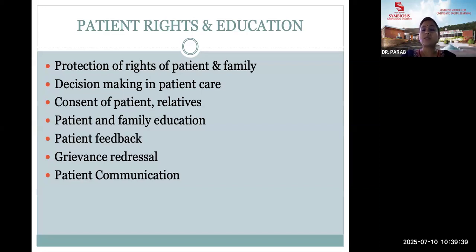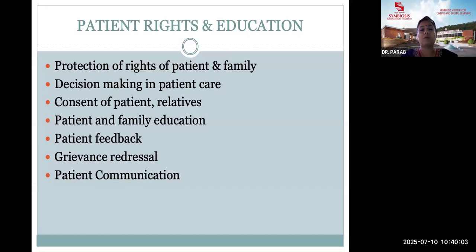Okay, so as I said way back, nobody was really bothered about whether patient is getting educated or not. But today we have educated patients. We have well-read patients who browse the net, come with a lot of information, and want more. So we should be in a position to answer their questions and also make a joint decision regarding their care plan.